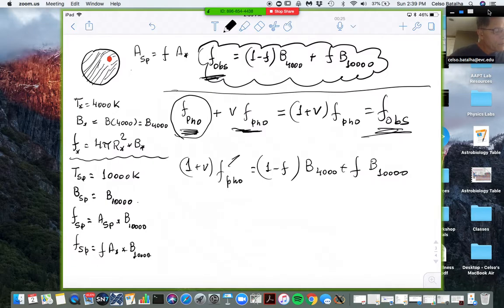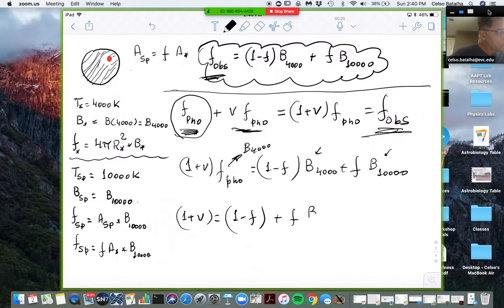If we associate the flux photosphere with a Planck function, which is a very crude approximation and is what we are doing here, then 1 plus V is equal to 1 minus f plus f multiplied by B at 10,000 over B at 4,000. Then we can simplify the 1 here.